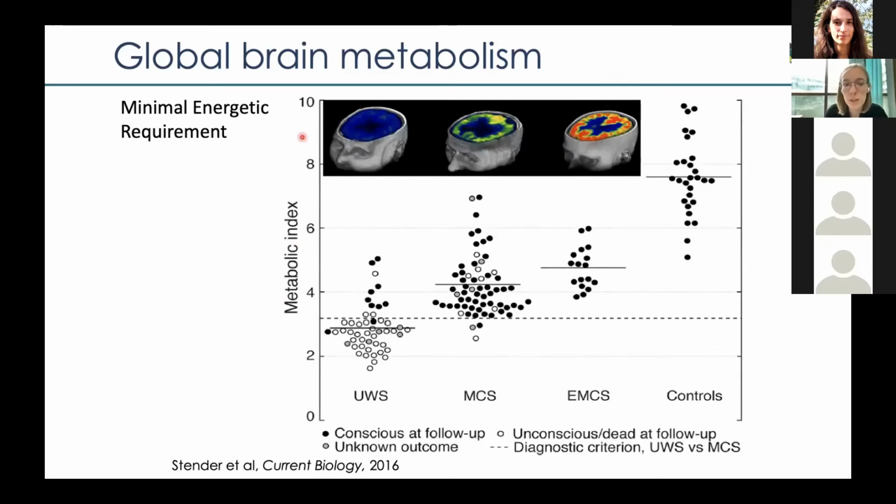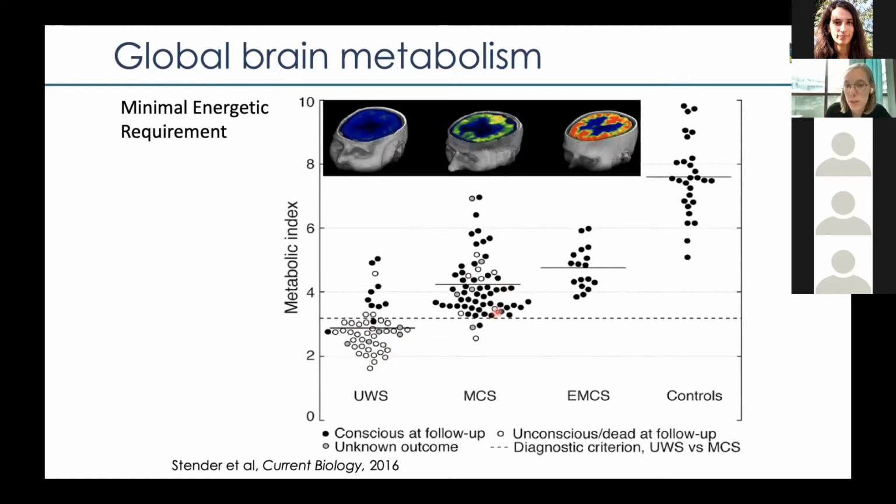So here we see the metabolic index on the y-axis, and this is a kind of semi-quantification of the glucose metabolism as obtained from the FDG-PET scan. In the unresponsive wakefulness syndrome patients, you see that this metabolic index, as a proxy for glucose metabolism, is low.